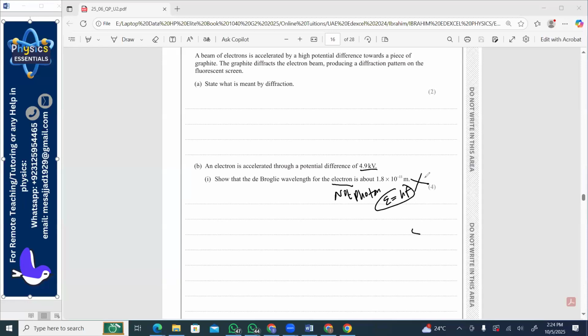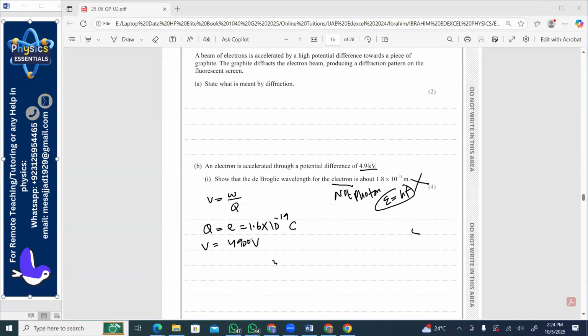Okay, so first of all, you're going to write voltage equals work done per unit charge. And here the charge is the electron's charge, which is 1.6 times 10 raised to the power minus 19 coulombs. And the voltage here is 4900 volts.